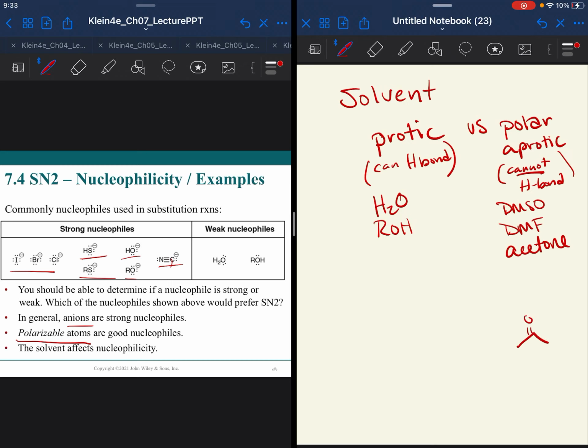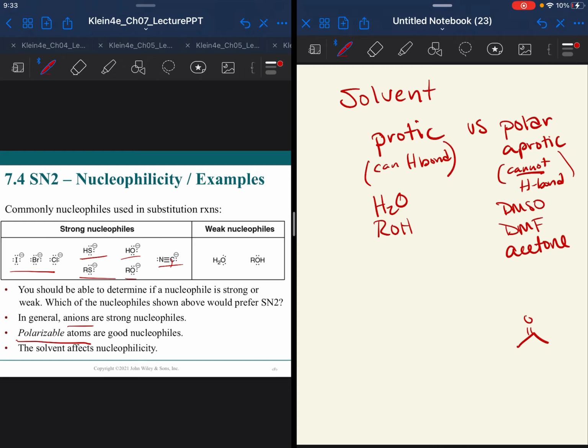Acetone, here you go. It is polar. You have that polar carbonyl, but there is no hydrogen on the oxygen. DMSO is dimethyl sulfoxide. Let me draw that out for you here.